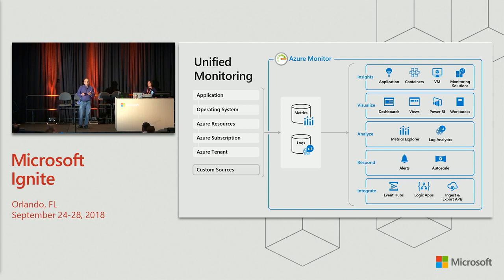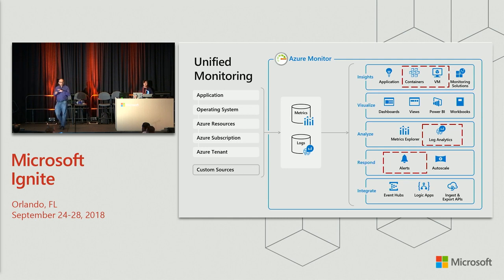On top of this, what we will cover today is not all of this, of course, but a few things here. On the top layer, we have what we call rich insights. For Azure services like App Services and Azure Functions, we have Application Insights, for .NET apps, Node.js, or Java apps. We have rich insights for your applications provided by Application Insights.